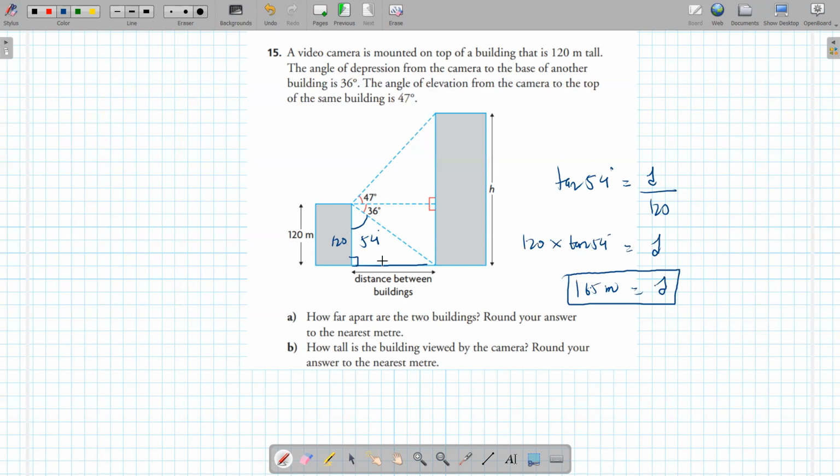You want to think about finding the distance of each of those triangles, like here and here. Yeah. Right, because we know this down here is 165, so this up here must be 165 as well. So we can look at it this way. This is 165, this is 47, this is 36, and this is missing.